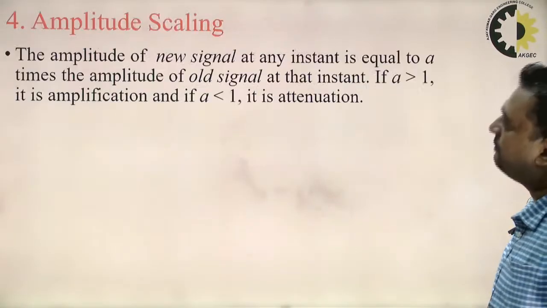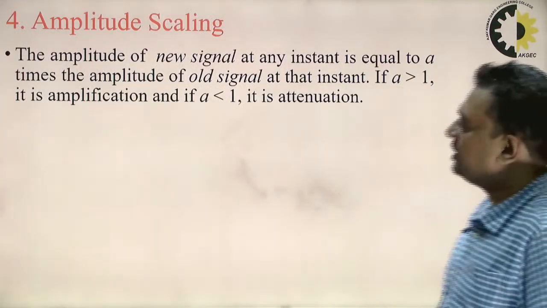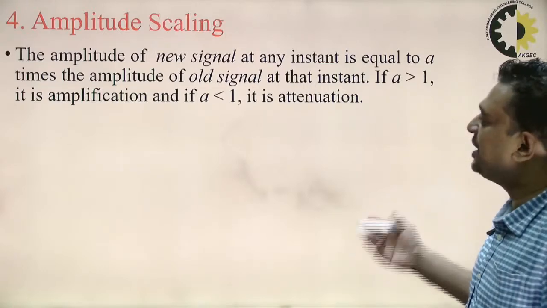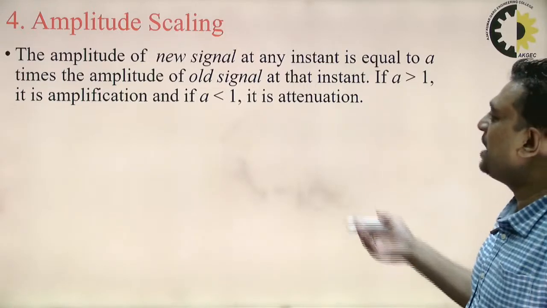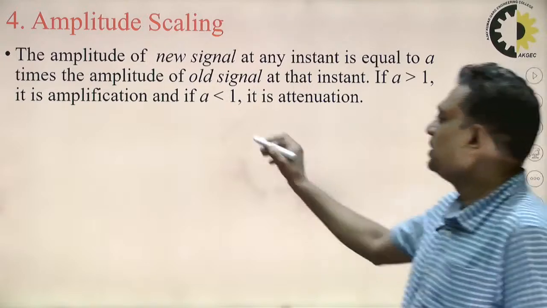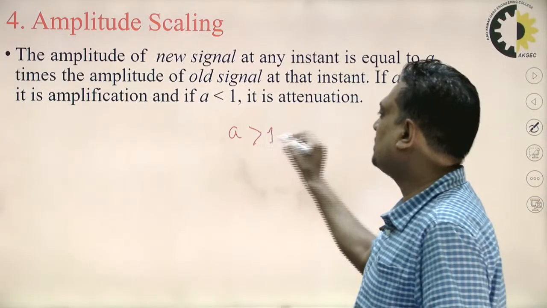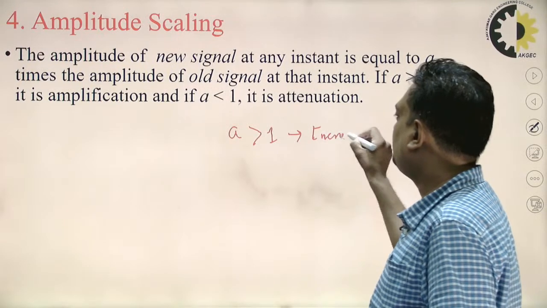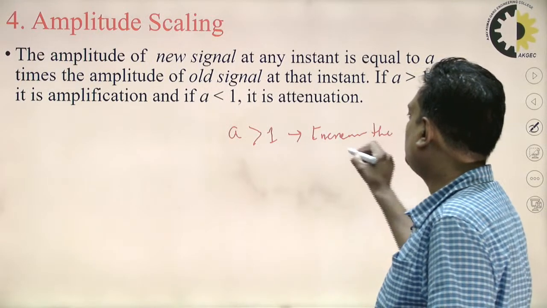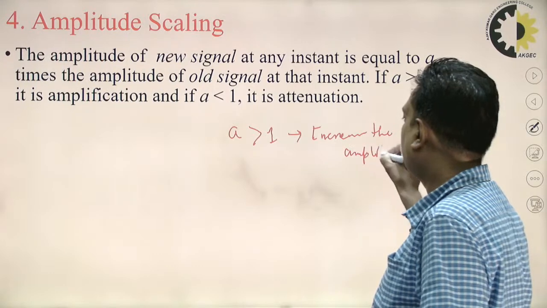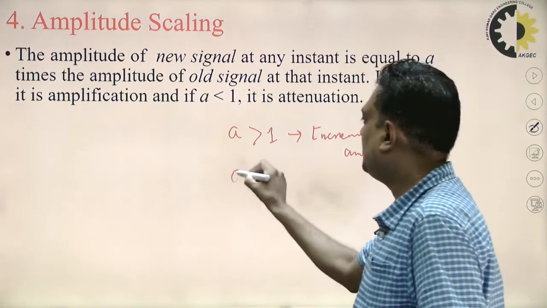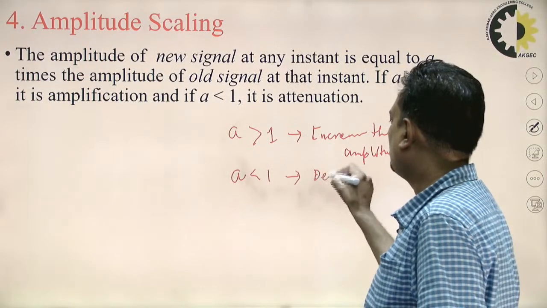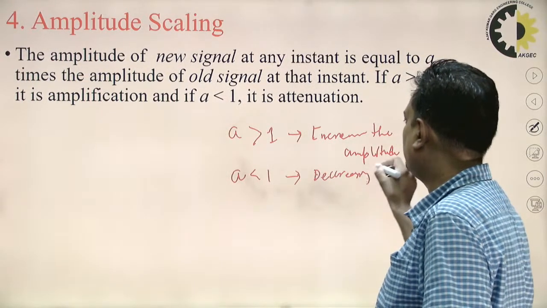Another type of scaling is amplitude scaling, which is very simple. You just scale the amplitude by a factor A. If A is greater than 1, you are increasing the amplitude, and if A is less than 1, you are decreasing the amplitude.